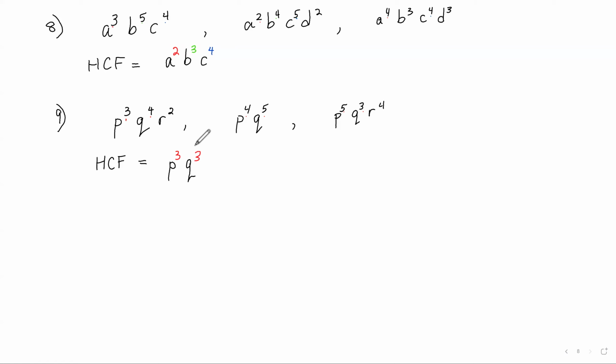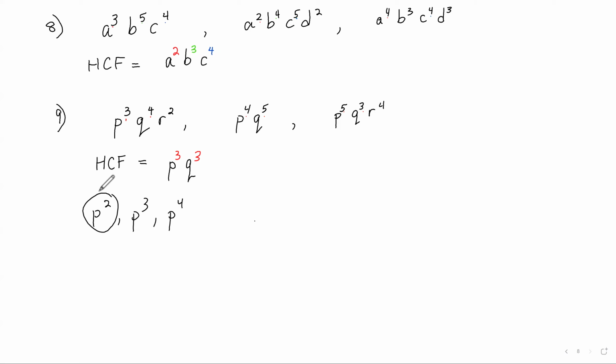All right. Guys, let me show you the reason behind it. The reason that you choose the lowest power is, let's remember, the factor has to be a number that could divide equally into the term, right? So if you're looking at p squared, p cubed, and p to the power of 4, then the highest common factor will be p squared.